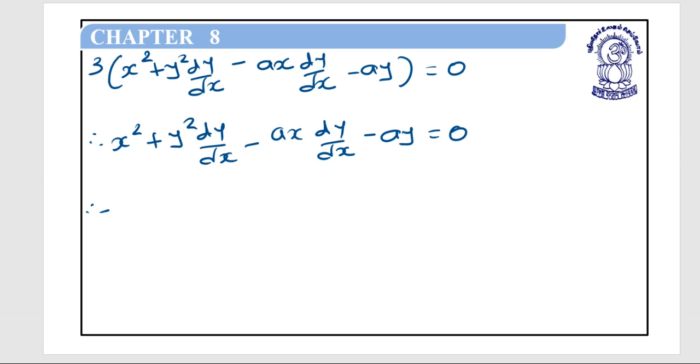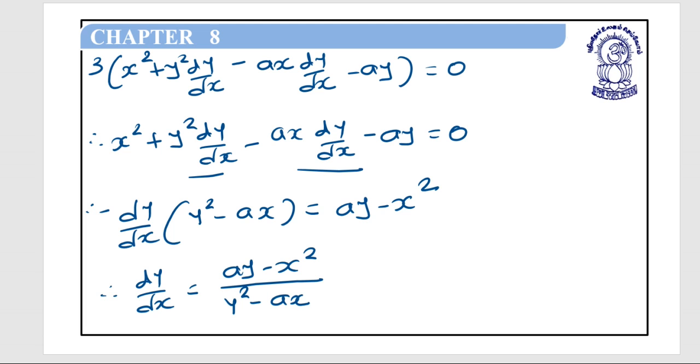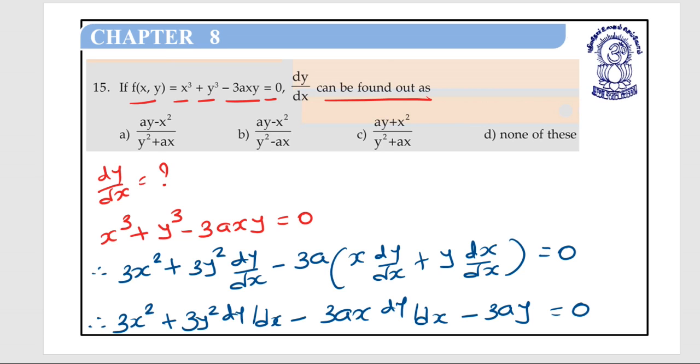So dy by dx common, y square minus ax is equal to ay minus x square. So dy by dx is equal to ay minus x square upon y square minus ax. So option B is the right answer.